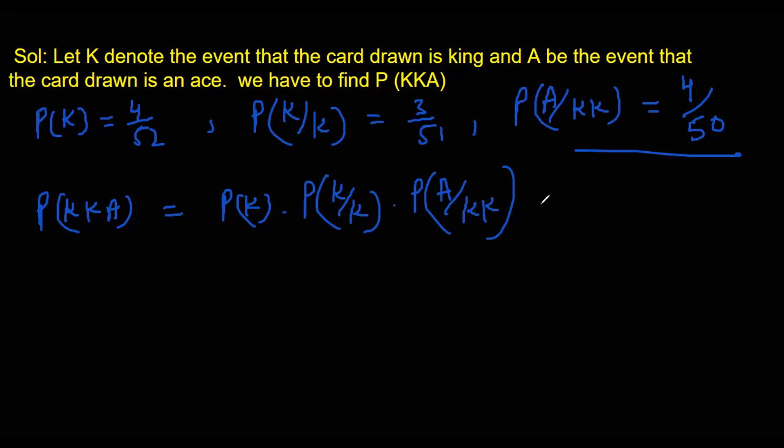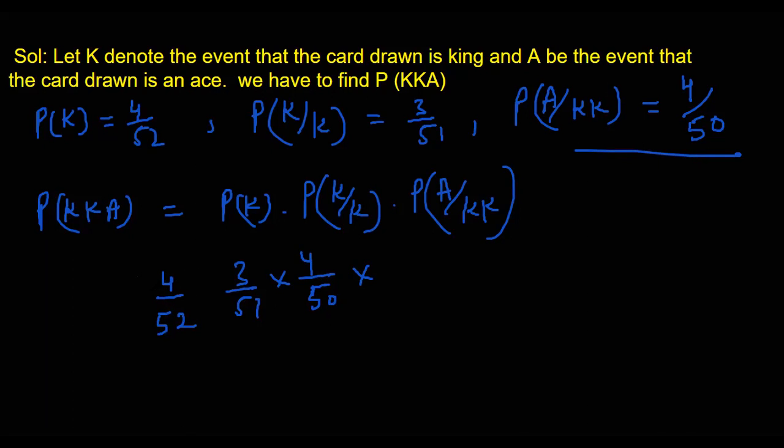If we put in the values, it's 3 by 51 into 4 by 50 and into what was P(K)? I had 4 by 52 there. First value was 4 by 52.